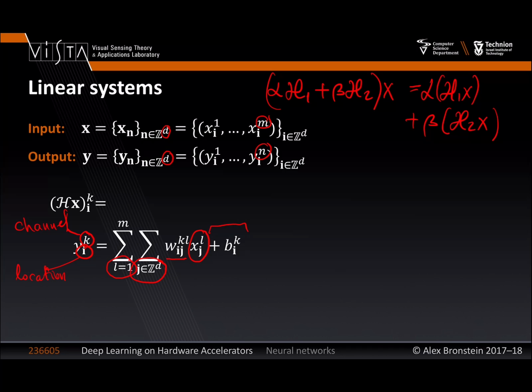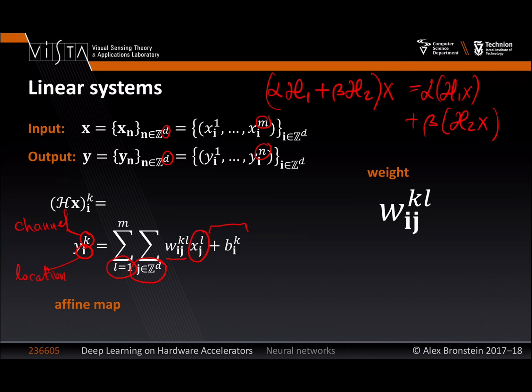Okay, so this set of weights has two location arguments, i and j, the one for the output, the one for the input, and it also has two channel indices, k and l, the l for the input channel index, and k for the output channel index. Okay, so basically I can think of this as an affine map between the space of inputs and the space of outputs. Okay, and this affine map is parameterized by this set of weights.